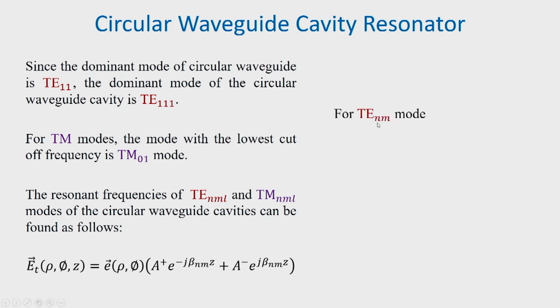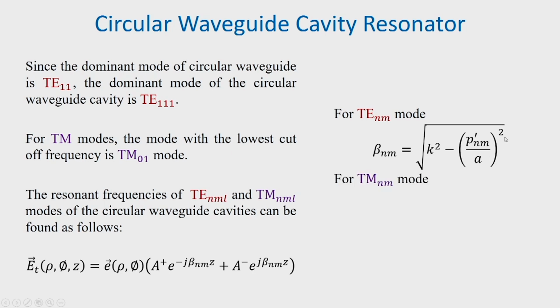For TE nm mode, we have beta nm is equal to square root of k square minus p prime nm by a whole square.